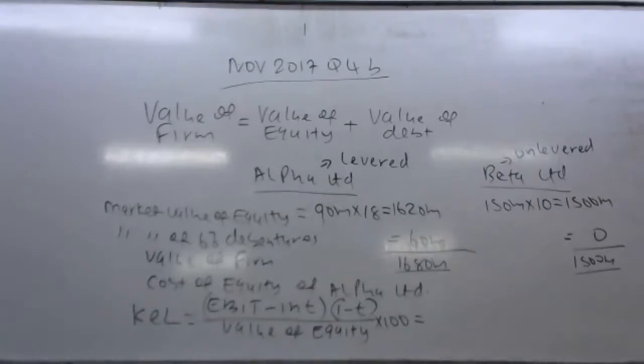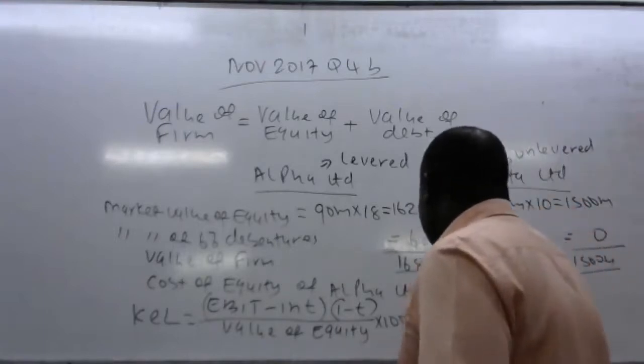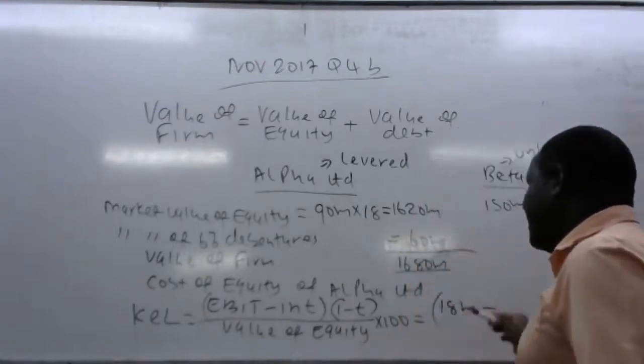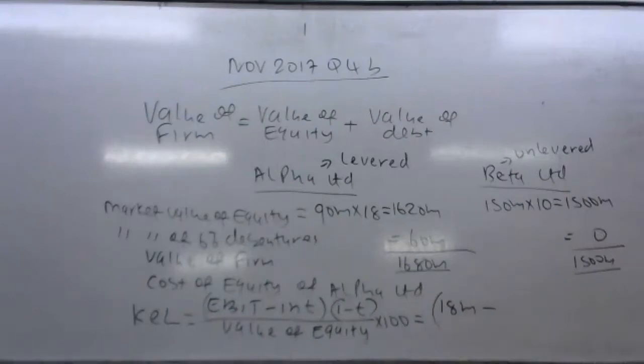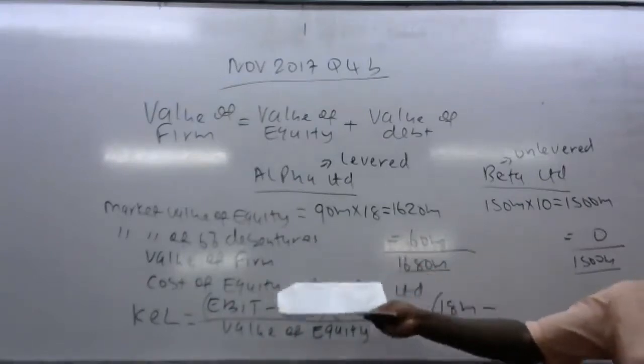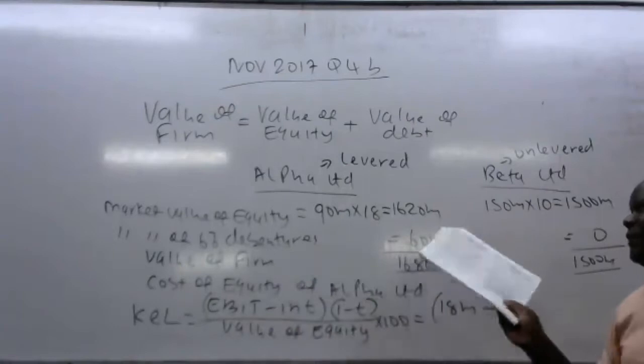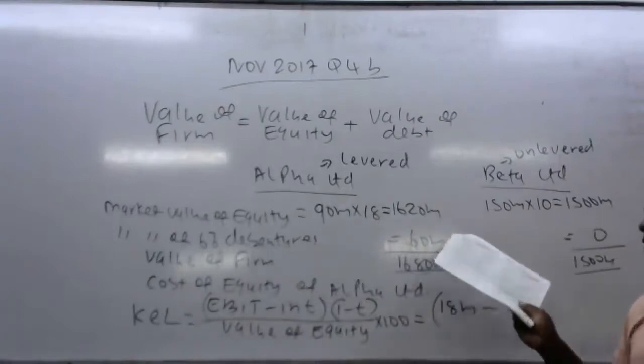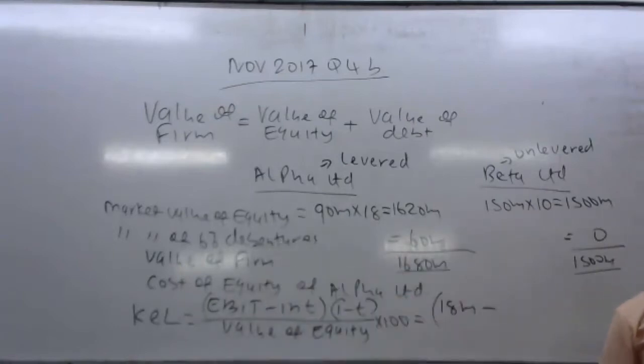Are you able to see the profit before interest and tax? For Alpha, it is given as 18 million. So we need to subtract interest. You can see the debentures are 60 million, so the interest rate is 6%. So what should be 6% of the 60 million?